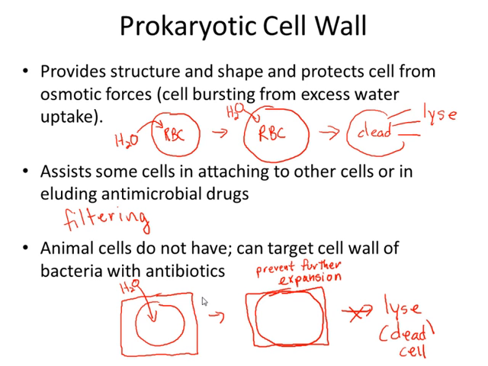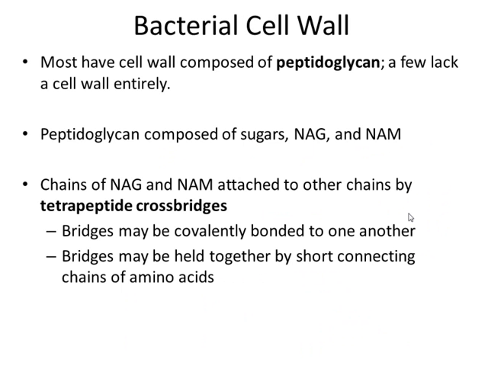So if you can imagine this, if you can target the cell wall for destruction, if you can destroy it, so no longer does that bacterial cell have a cell wall, now the simple act of water rushing in will cause that cell to die. So we can often target then the cell wall using antibiotics, which is a very important clinical feature of the cell wall.